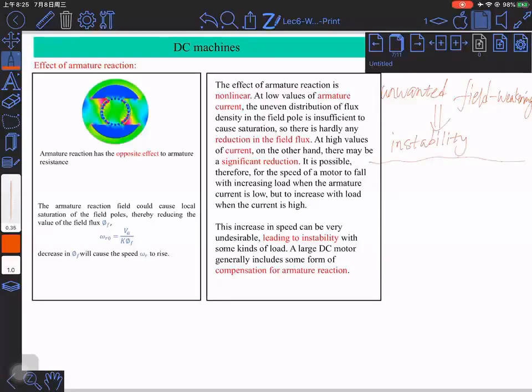Firstly, let's look at the upper left corner figure. When we take into consideration the magnetic field generated by the rotor, some part of the rotor generated field can be projected to be aligned with the stator generated magnetic field, and so some part of the magnetic field is strengthened.